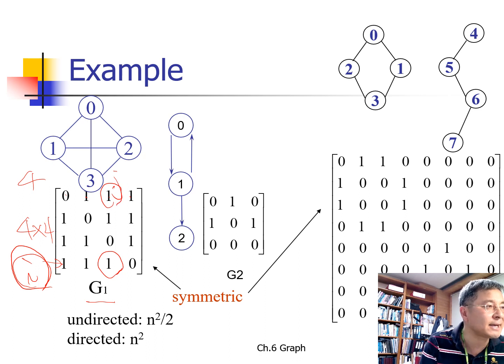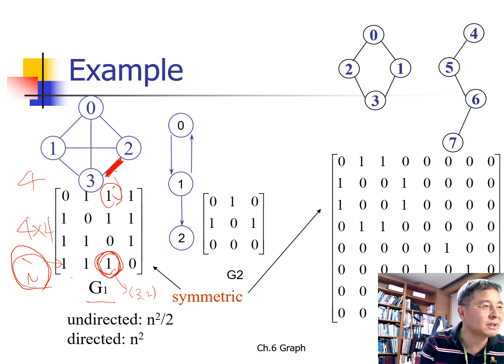For example, vertex 3 and vertex 2: there is this edge in the graph, so the matrix value at (3, 2) becomes 1.